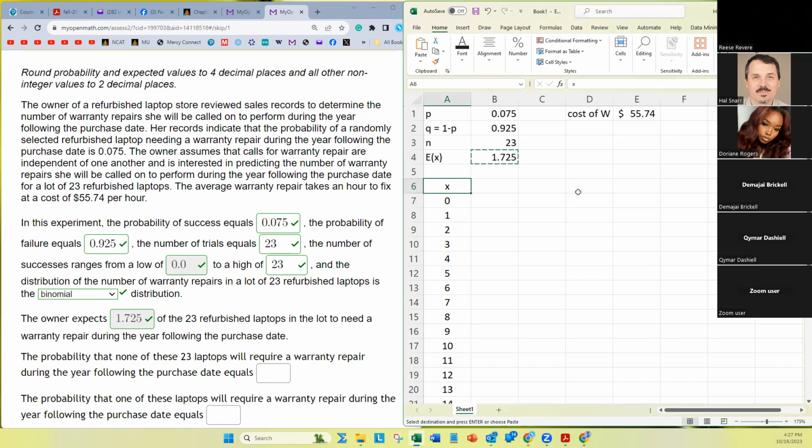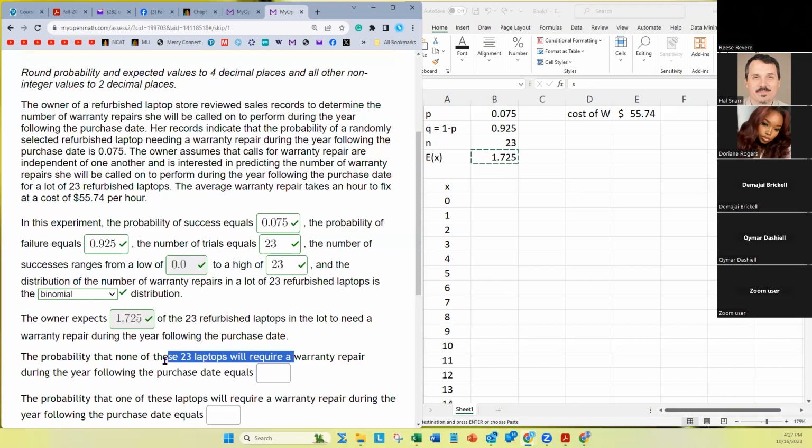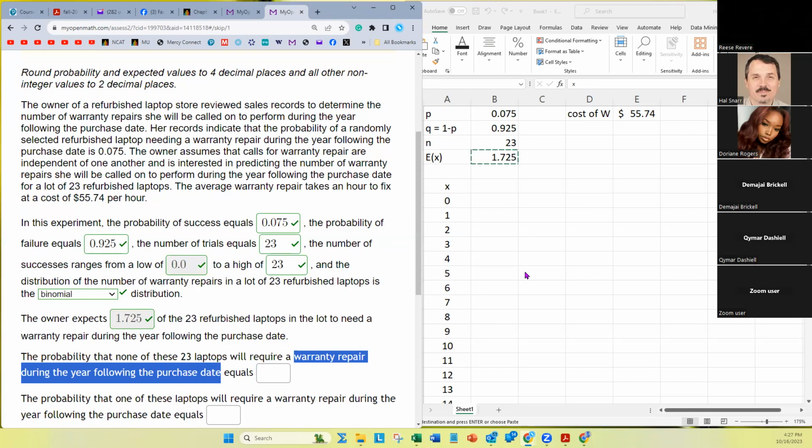X is the number of laptops that need a warranty repair during the year following the purchase date.